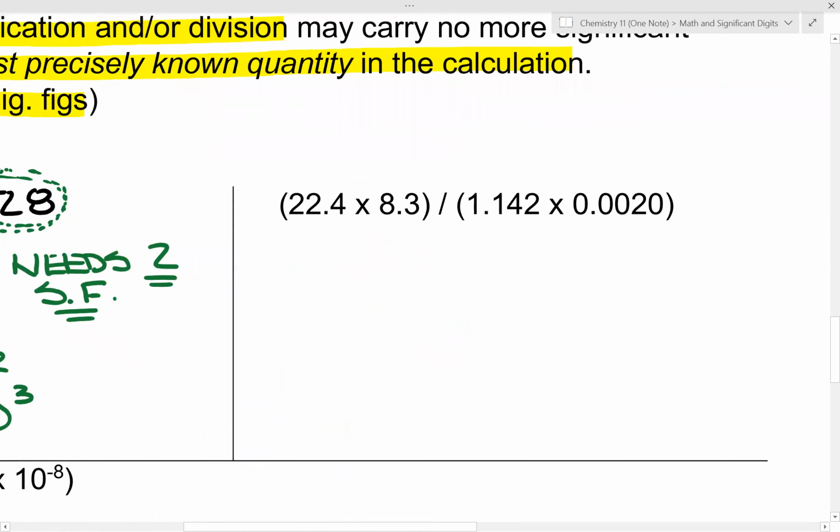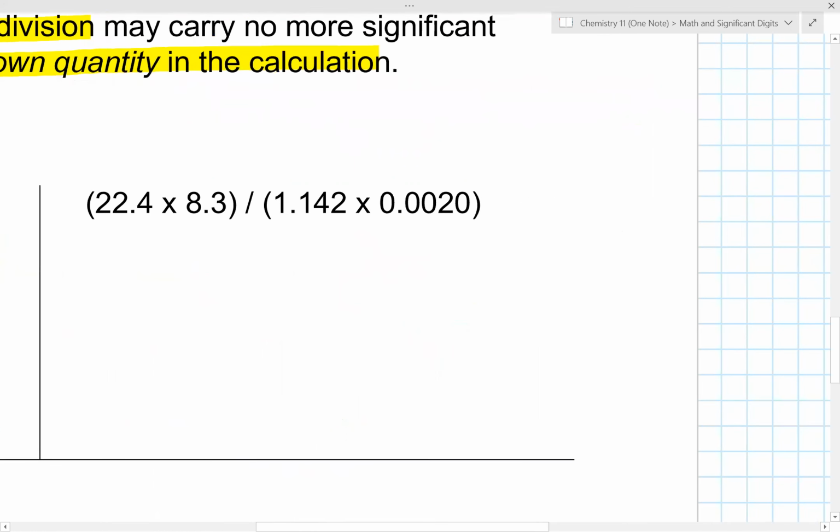Now, let's say for this one, if we take this number, again, what you have is 22.4 times 8.3 divided by 1.142 times 0.0020. And what I got was 81,401.05.